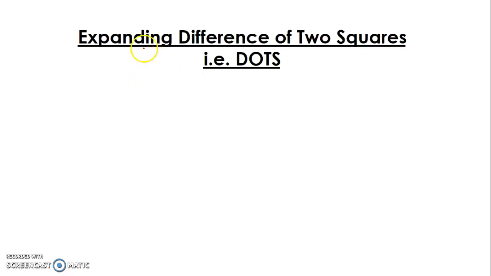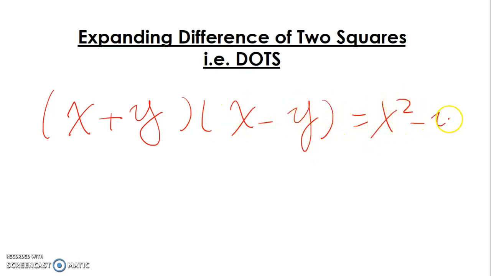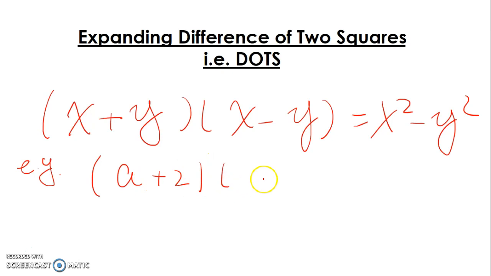Okay, expanding difference of two squares. Again, we have a formula, (x plus y) times (x minus y) equals x squared minus y squared. Well, arguably this one looks simpler, so let's see if I can make sense of it, starting with a relatively basic one, (a plus 2) times (a minus 2).